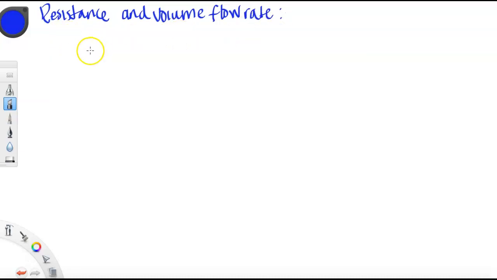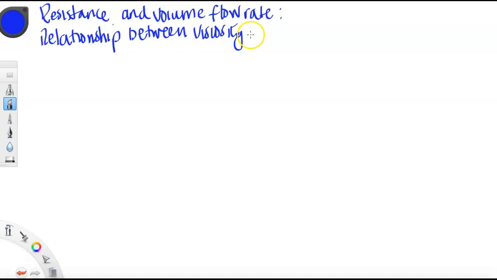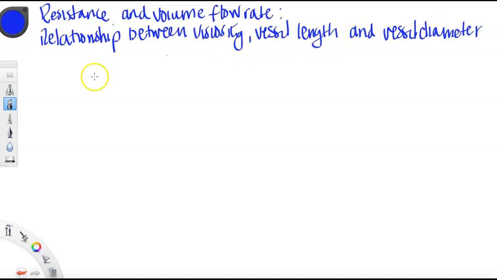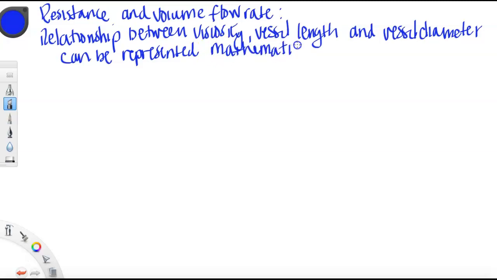The relationship between viscosity, vessel length, and vessel diameter can be represented mathematically by this equation.